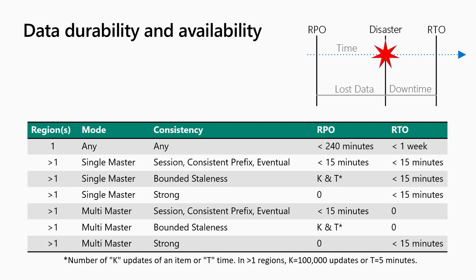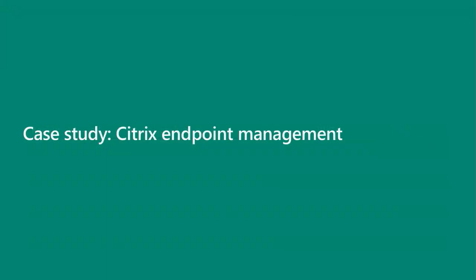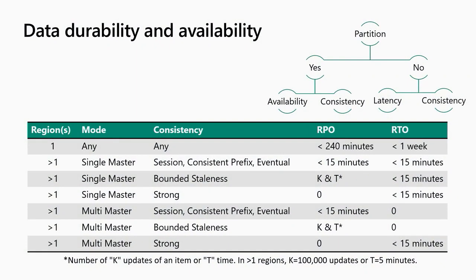Right. So what does CAP theorem say? Let's go back to this. Network goes down, I have a partition. I have to choose between availability and consistency, right? Another way of looking at this is RPO equals consistency, right?